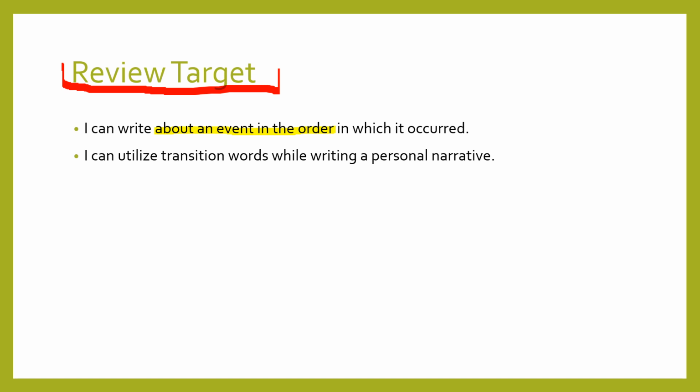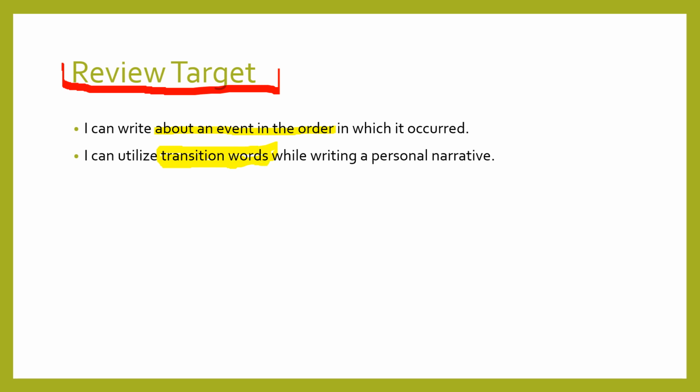You could see in my outline that I had my transition words to help me understand which details go first, next, and last. Our last target was, I can use those transition words while writing a personal narrative. So like I said before, we use those words to help us organize our writing and let it make sense.